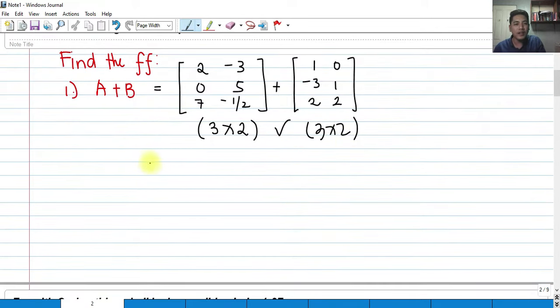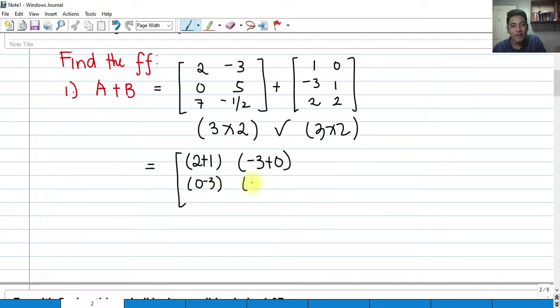And how do we add matrices? The resulting matrix of A plus B is also the same size, which is 3 by 2. So how do we add? Simply, we add 2 plus 1, that is the row 1, column 1 of A plus the row 1, column 1 of B. Then row 1, column 2 of A plus row 1, column 2 of B, and so on and so forth.